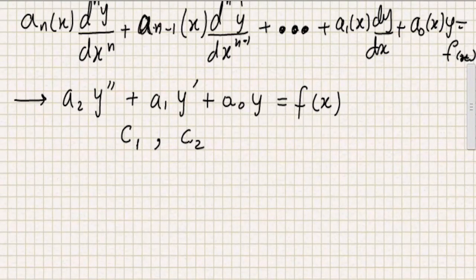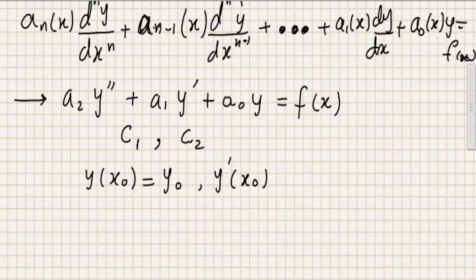Those initial values could be like this: y at an initial value x0 is y0, where x0 and y0 are known constants which may be given to us in a problem statement. Similarly, y prime of x0 equal to y1 and so on.